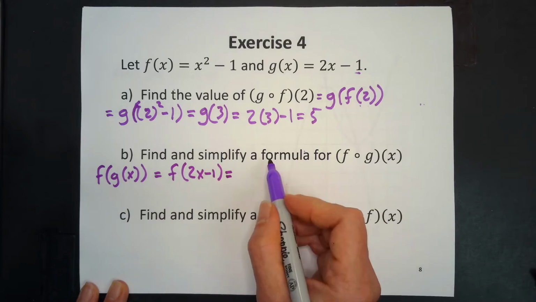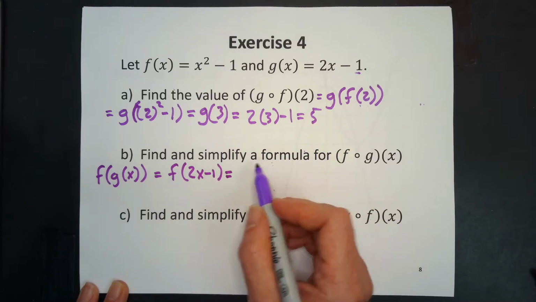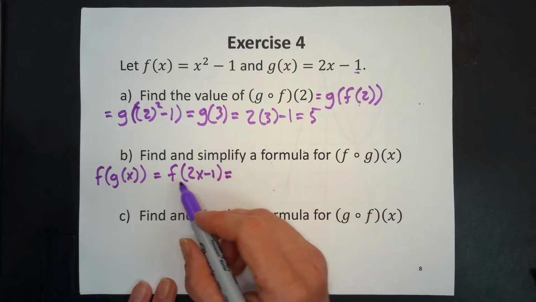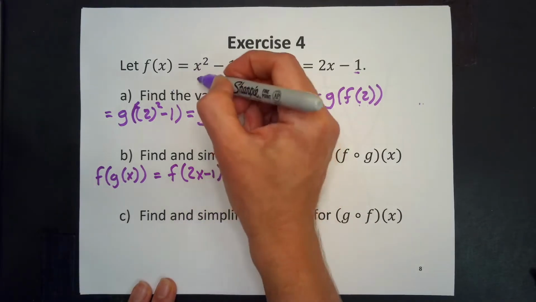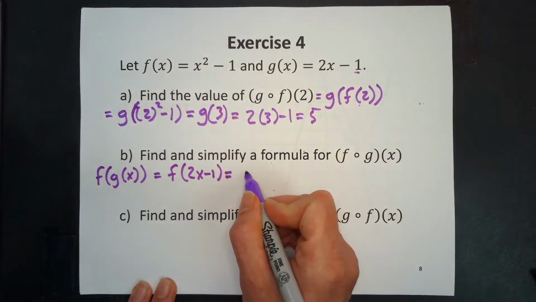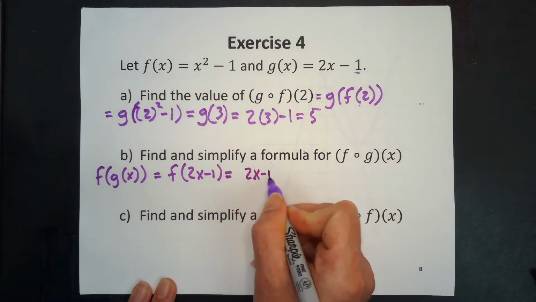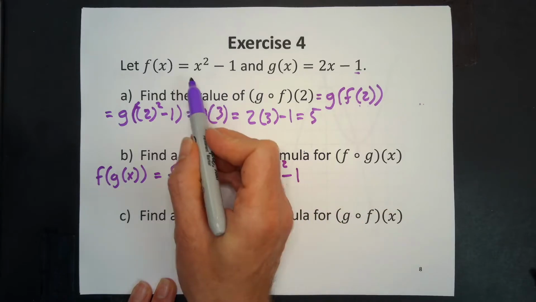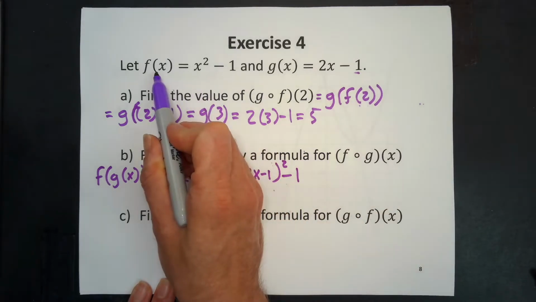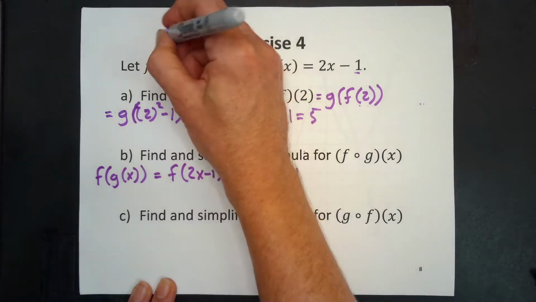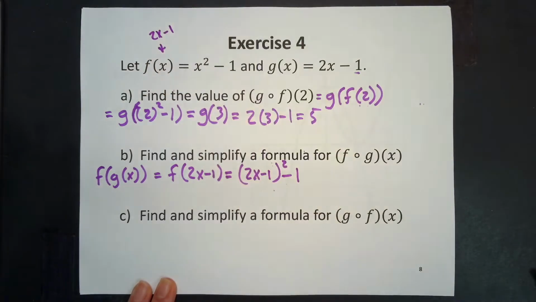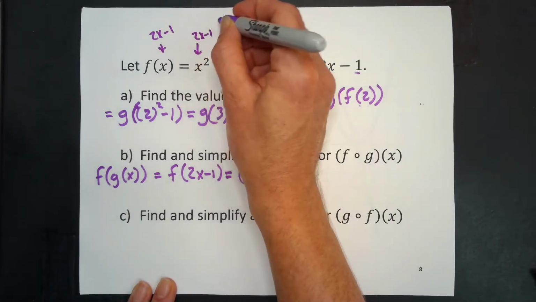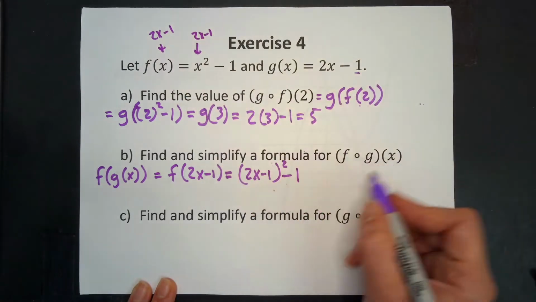And that equals, now I'm going to have f of 2x minus 1. That's what I plug in for x now. So I'm going to say 2x minus 1 quantity squared minus 1. I replaced the x in my f of x, and I plugged in my 2x minus 1, so it's squared, minus 1.